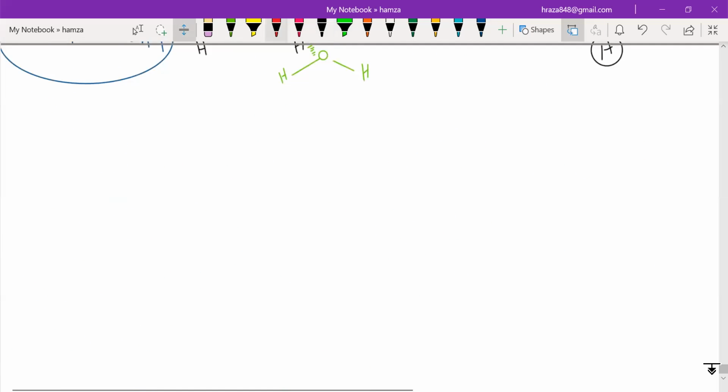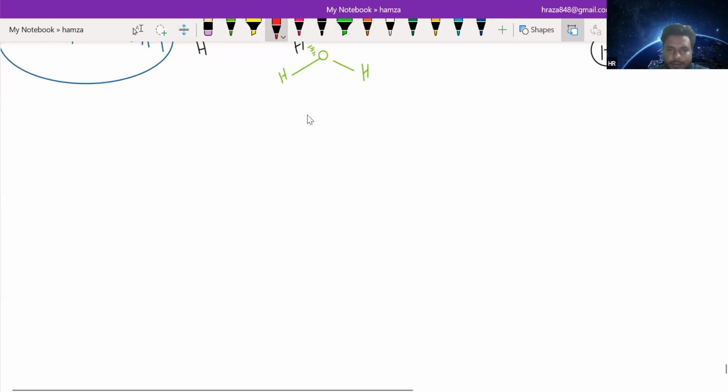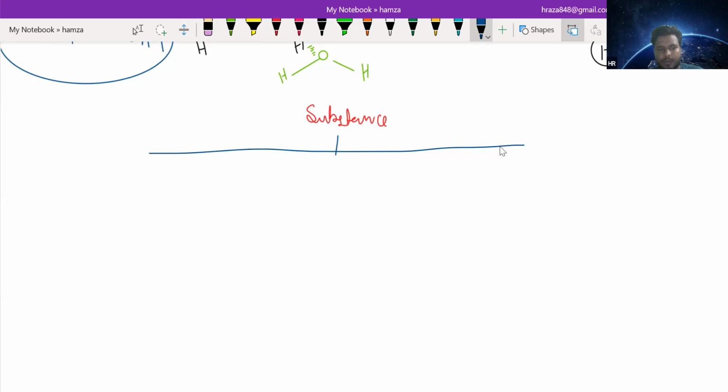Now we are going to start a new topic. First, we are going to see how many types of substance there are on the basis of vapor pressure. There are two: one is volatile substance, and the other is non-volatile substance.